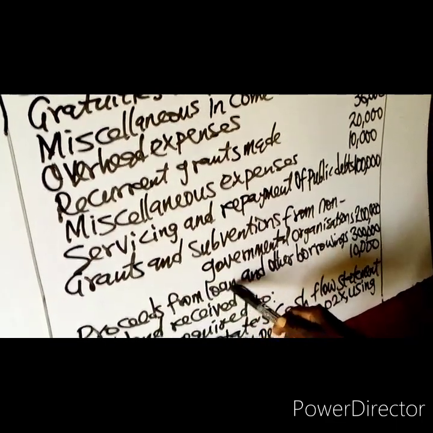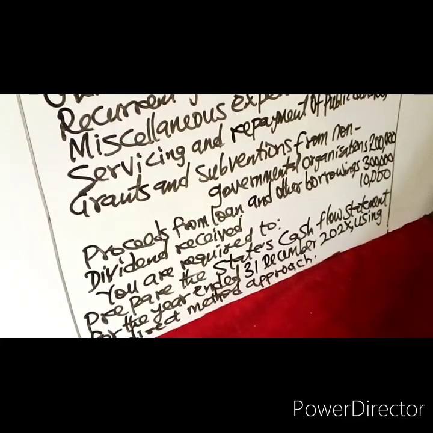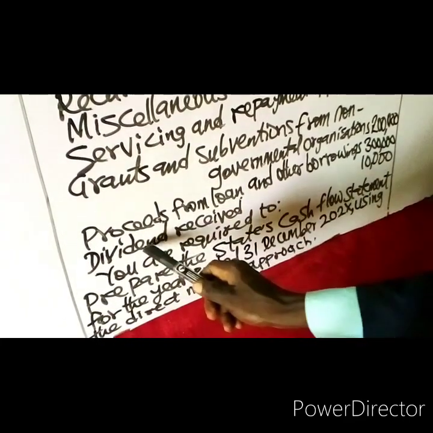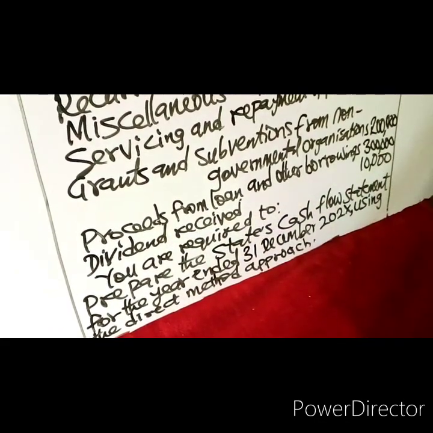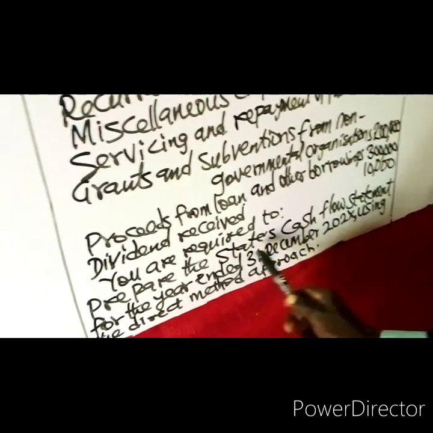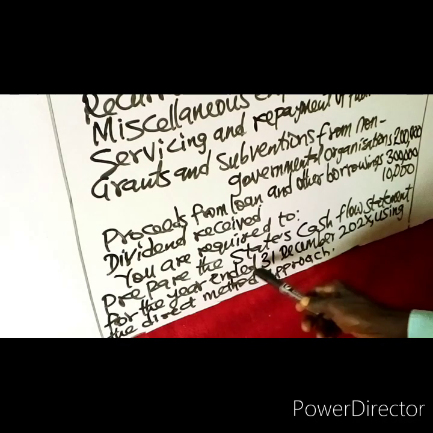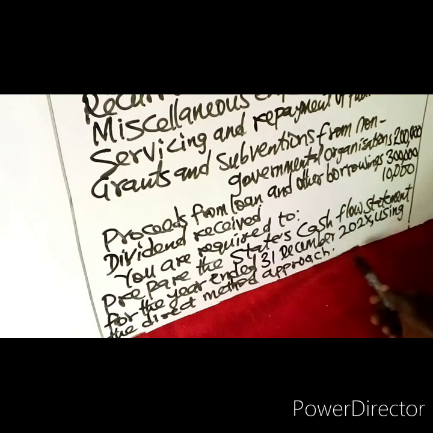Proceeds from loan and other borrowings, 300,000. Dividend received, 10,000. You are required to prepare the state's cash flow statement for the year ended 31 December 22x using the direct method approach.